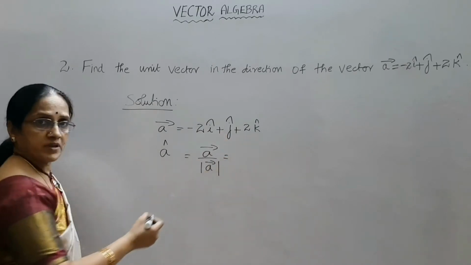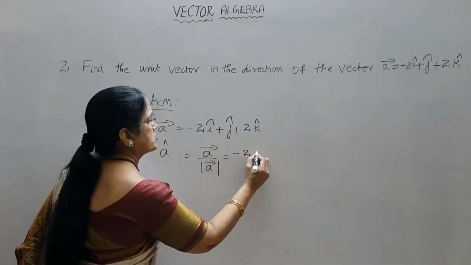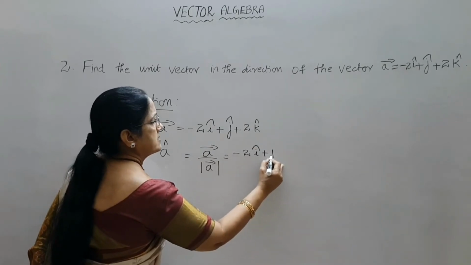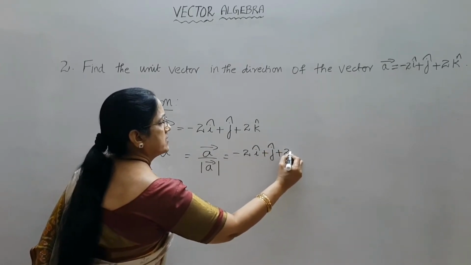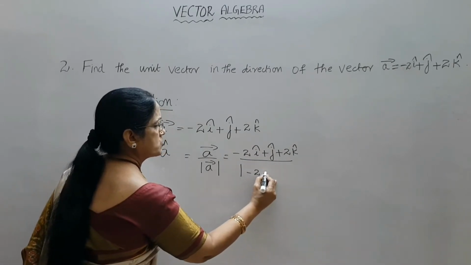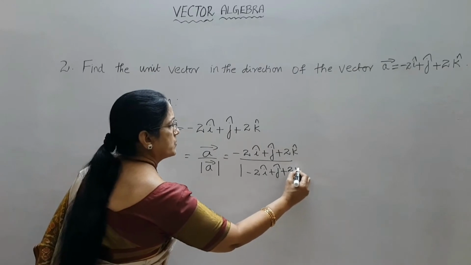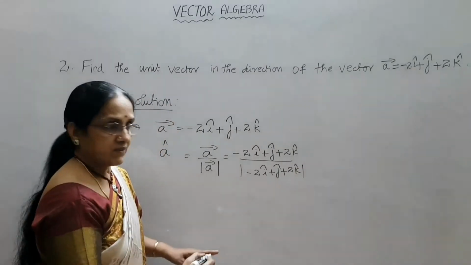Let me substitute over here. For A vector, I will be getting minus 2 i cap plus j cap plus 2 k cap by modulus minus 2 i cap plus j cap plus 2 k cap.